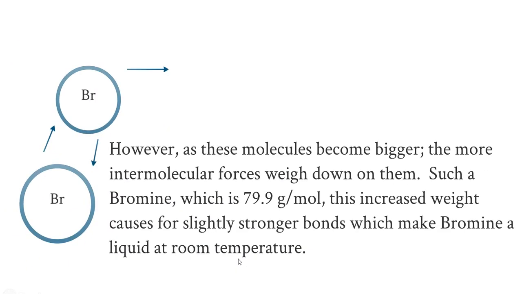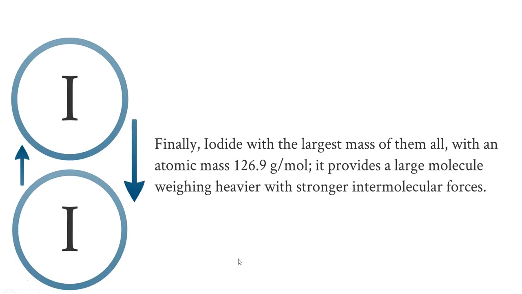And then this one here is explaining how bromine is just a little bit stronger, because it has a lot more space to create those localized charges. And then iodine is the largest. Okay.